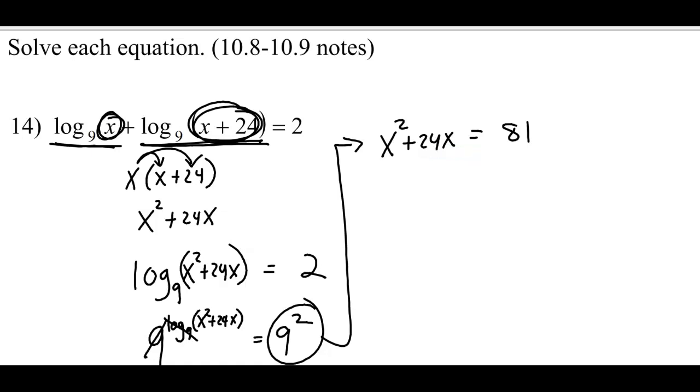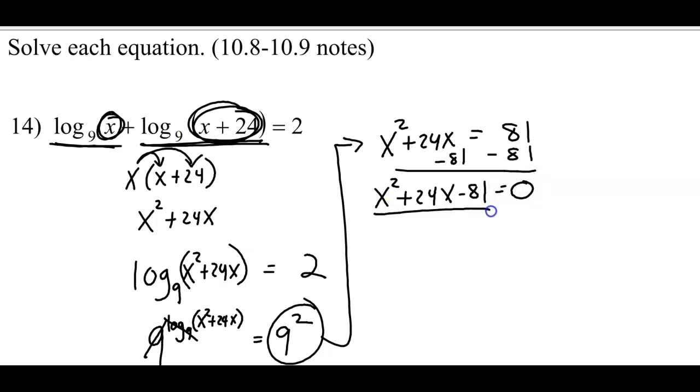So when you have a quadratic, we need to move the number over like that. And then we're going to factor to solve this, or if you want, you could use the quadratic formula. I'm going to go with the factoring approach.